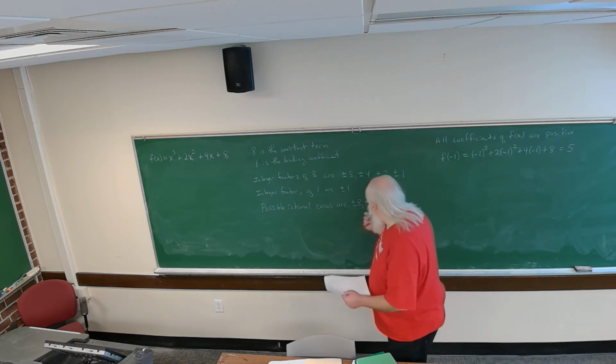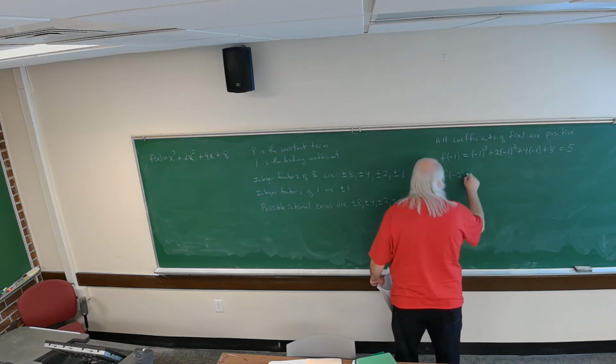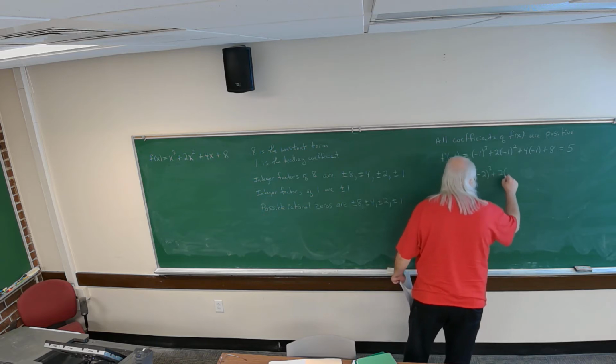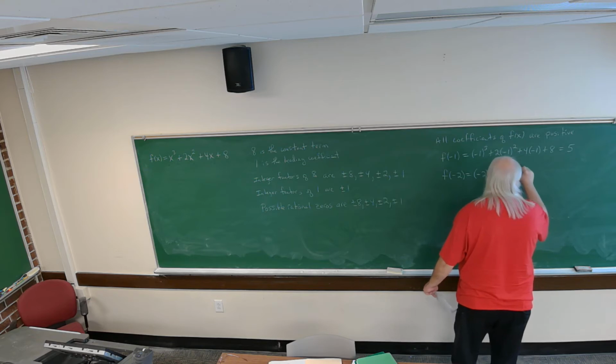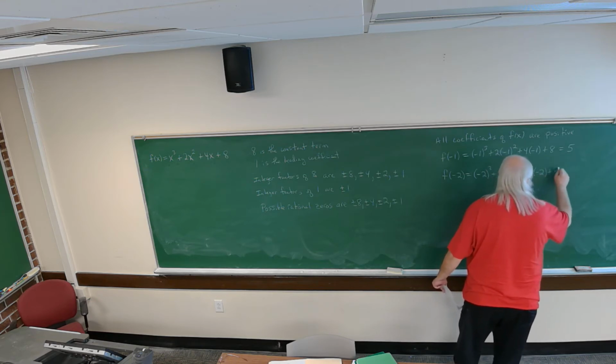So then I tried -2. So f of -2 is equal to -2 cubed plus 2 times -2 squared plus 4 times -2 plus 8.